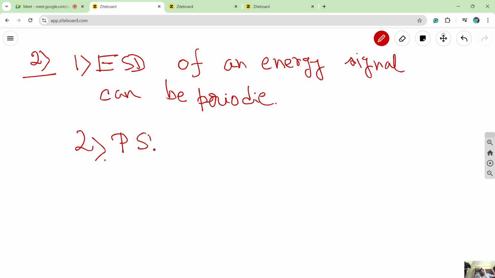And second one, ESD of a power signal can be periodic.